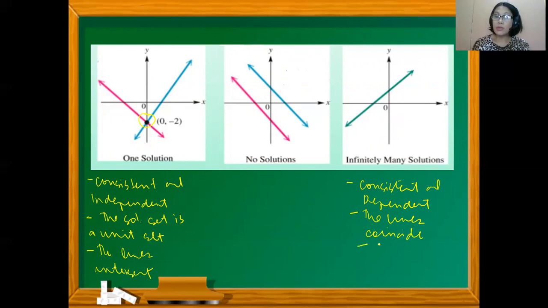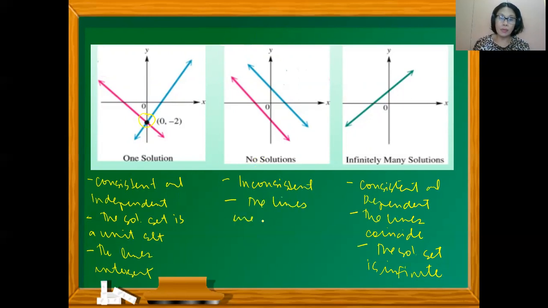And then the solution set is infinite, which is represented by the points on the coinciding lines. And then lastly, this system is called an inconsistent system. So the lines are parallel. The solution set is empty.